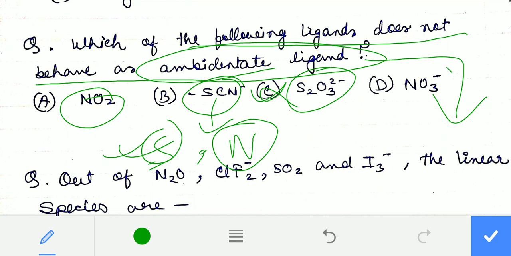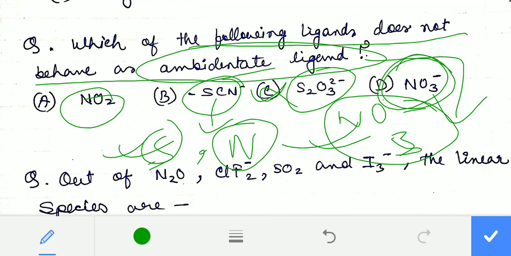At last, option D is NO3 minus, which is not an ambidentate ligand, but it is a flexidentate ligand. So guys, you can search what flexidentate ligands are. This is also a very important concept.